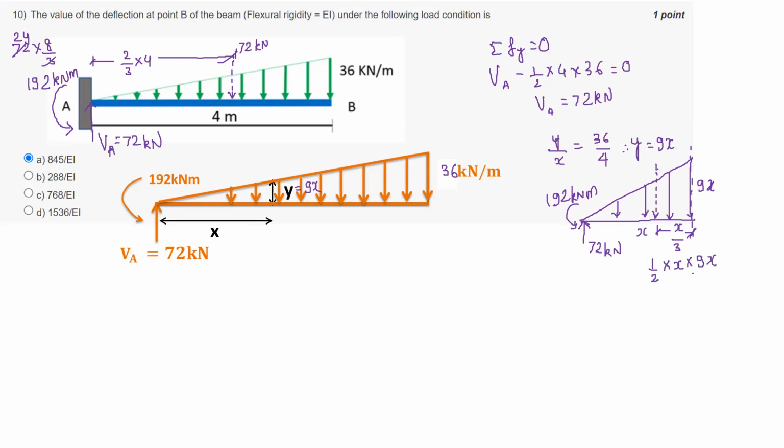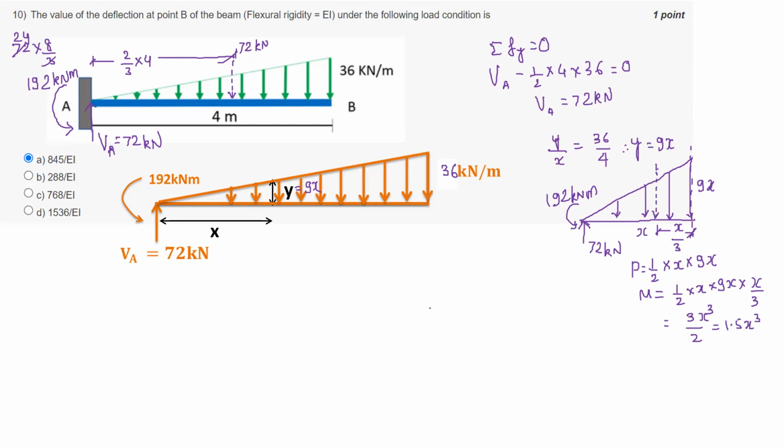This will be the total load. And then what will be the bending moment? I will write P, and then M due to the triangular load. So P we have 1/2 into x into 9x into x by 3, and then we will get it as 3x cube by 2, or we can write 1.5x cube.